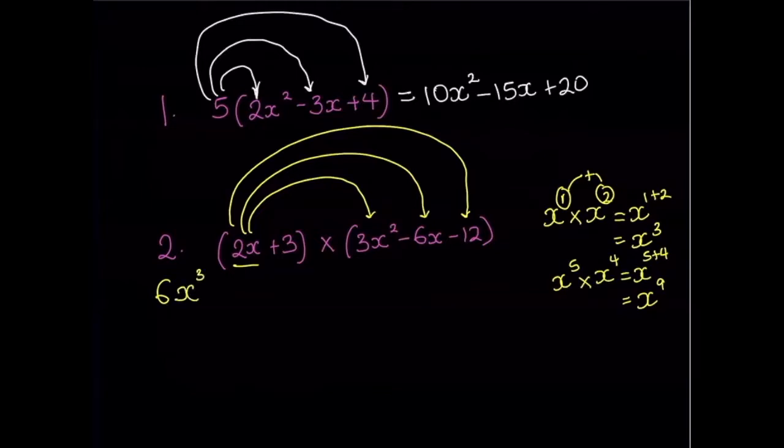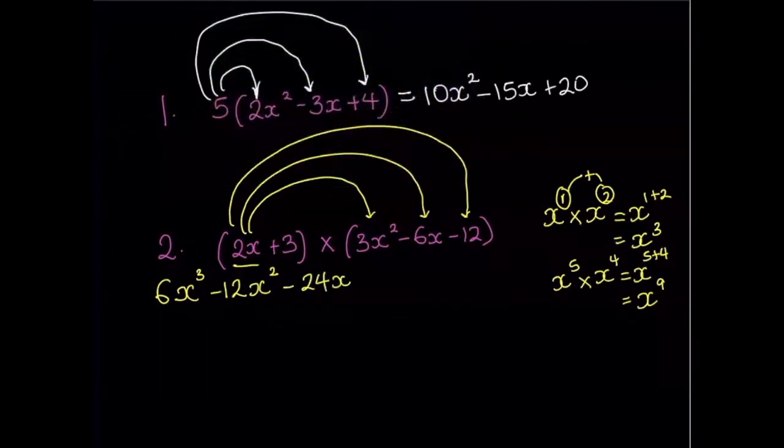Okay, then you have 2 times minus 6 is minus 12. And x times x is x squared. So you have x squared. And then 2 times minus 12 is minus 24. And you don't have any x, so you just do minus 24x. Okay? Now the second part is going to be using this constant 3.